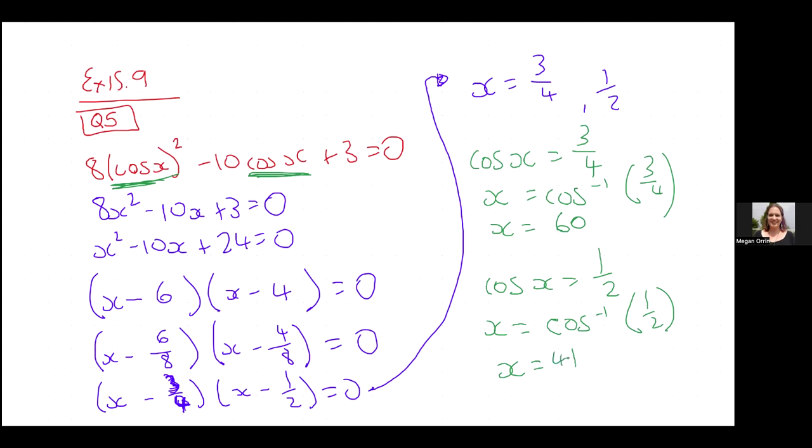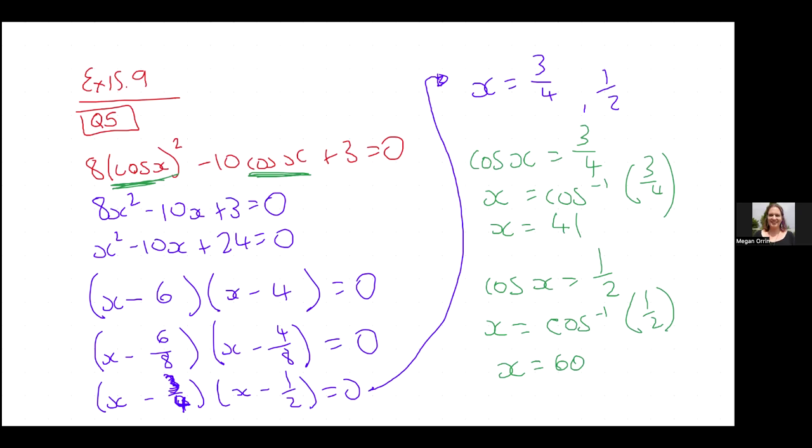Okay, so the thing is now I need to use, so I've got two answers, right? But I need 4. Oh, yeah, it's backwards. I've written them backwards. Okay, so 41 and 60.